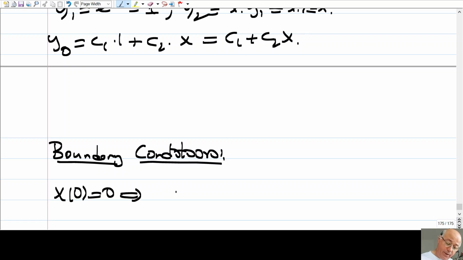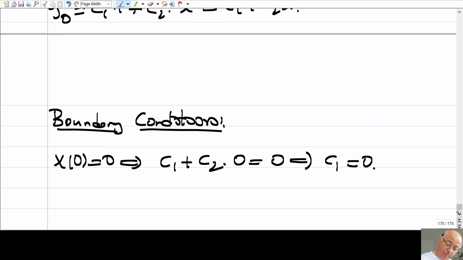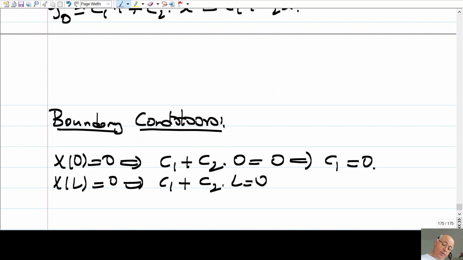Well, this implies C1 plus C2 times 0 equals 0, so C1 is 0. And X of L is equal to 0. That would give C1 plus C2 times L is equal to 0. But C1 is already 0. So this gives C2 times L is 0.